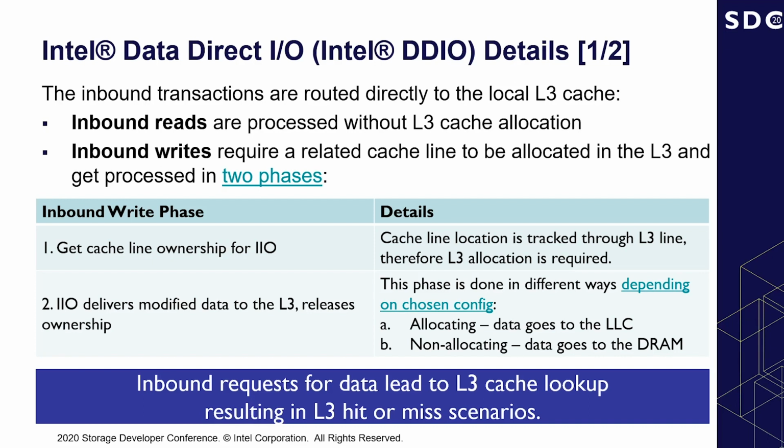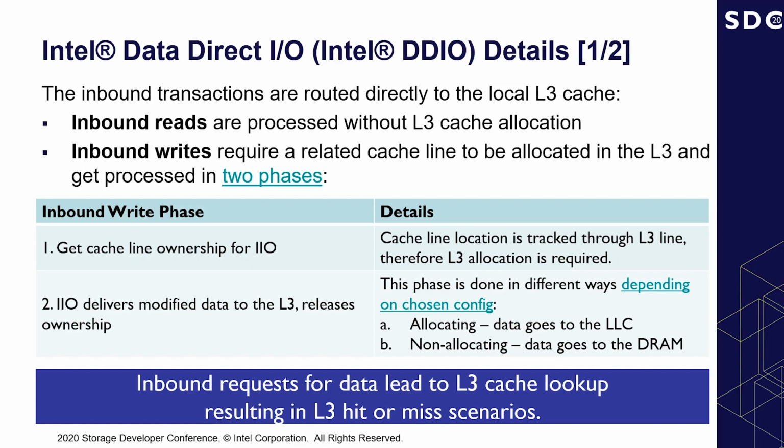So first, if it's not already in the L3 cache, the L3 cache will allocate a line for it and give ownership of that line to the IO device, to the IIO unit. Then the IIO unit will modify the data and write it back into the L3 cache. I should say it'll write it back to the L3 cache under the default configuration.